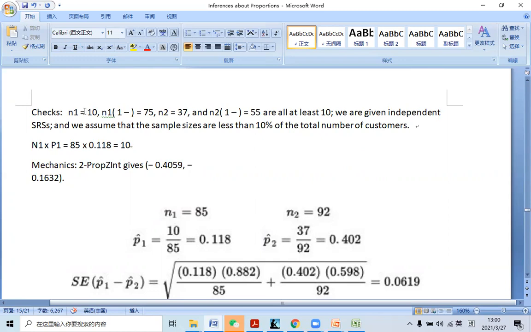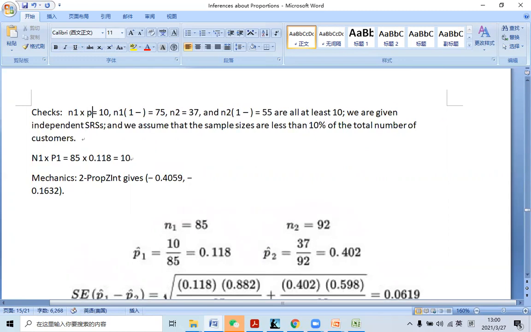N1 times P1, proportion 1. This should be estimated because it's a sample. And N1 times 1 minus P1 hat. N1 is still 85.